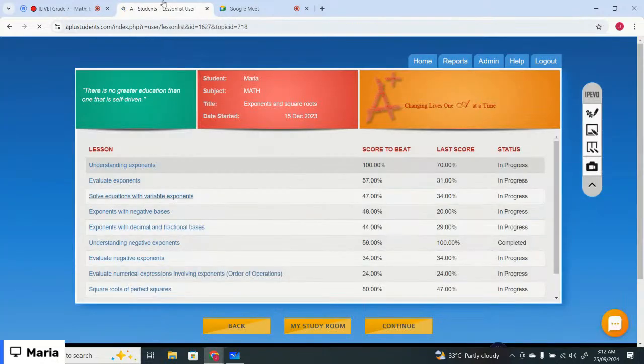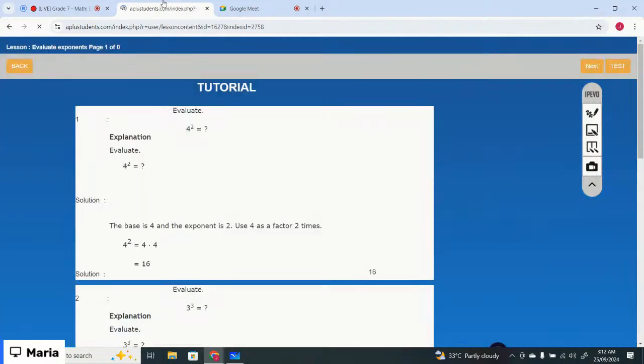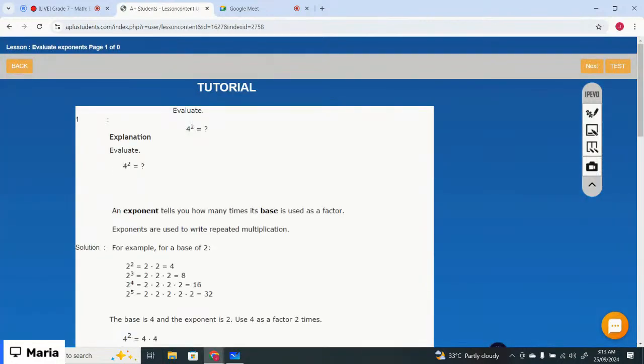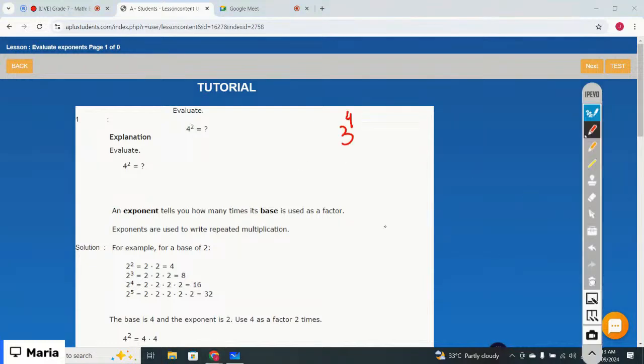The next lesson is evaluate exponents. So let's just see how we evaluate exponents. Okay, the first one is evaluate 4 exponent 2. Now we are going to evaluate, right? 4 is the base and 2 is the exponent. So basically this exponent tells you how many times its base is used as a factor.